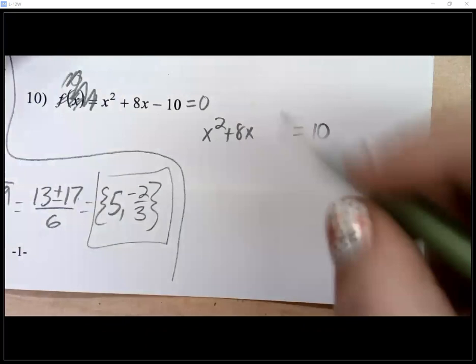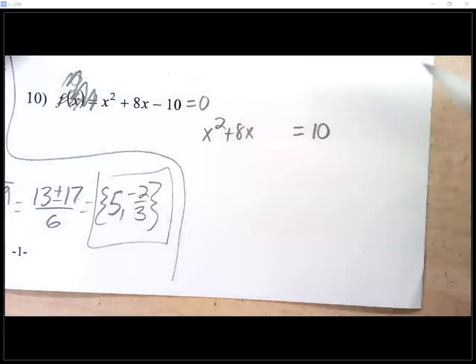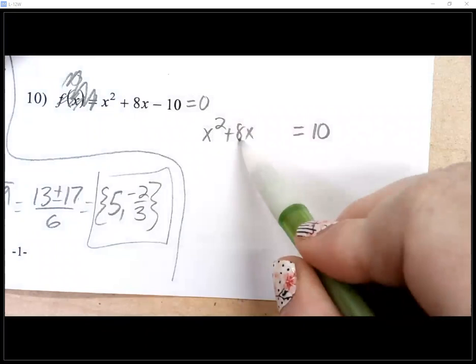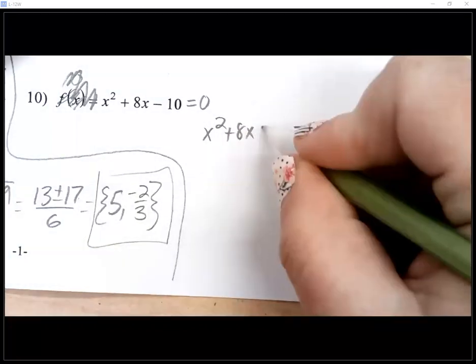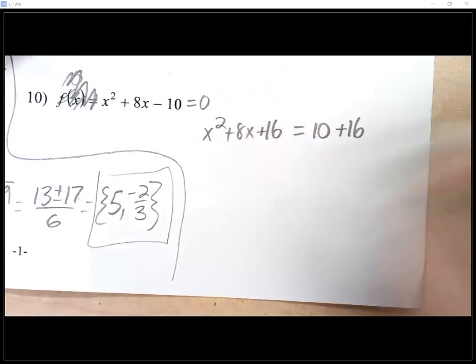Now it's time for the magic number. How do you find the magic number? You got it. I need half of this number. So 4, and then I need to square that number. So it's a 2-step process. So 16 will be my magic number that I add to both sides. On the right, I just get 26.